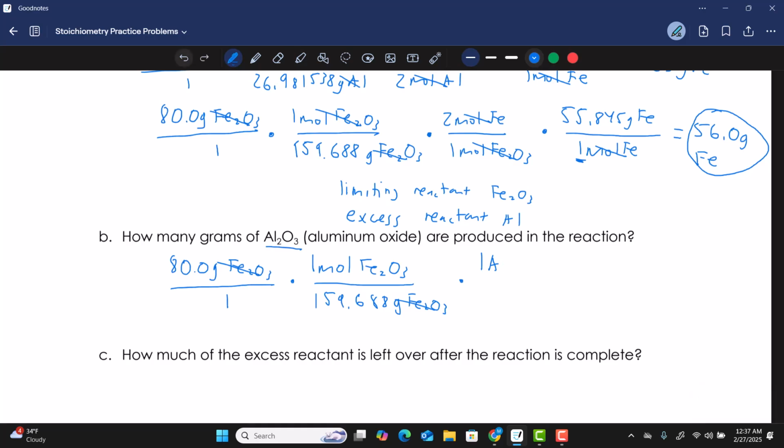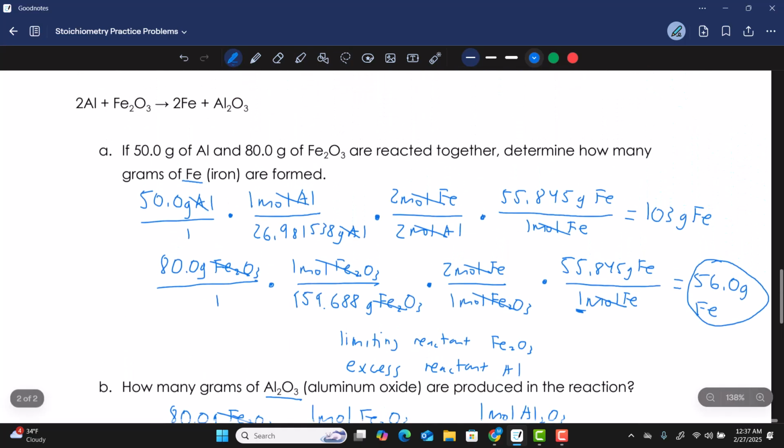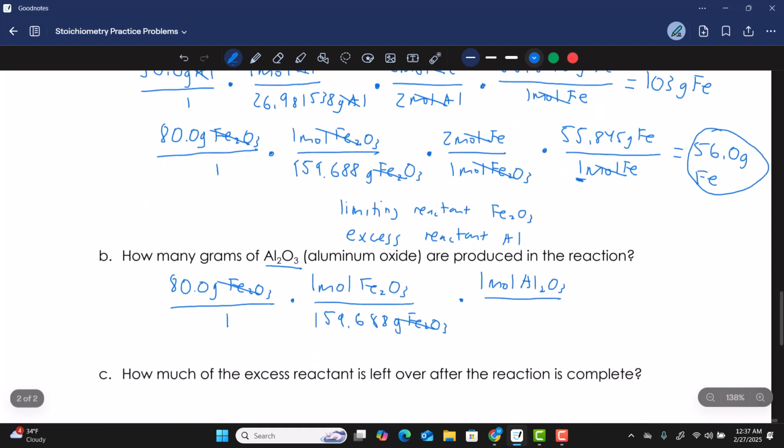And then we want to find the moles of Fe2O3, which is also just 1. We want moles of Fe2O3 on the bottom so that they can cancel out. So since these are the same on the top and bottom, they can cancel. And then we want the molar mass. And we want grams on top and moles on bottom so that moles can cancel.